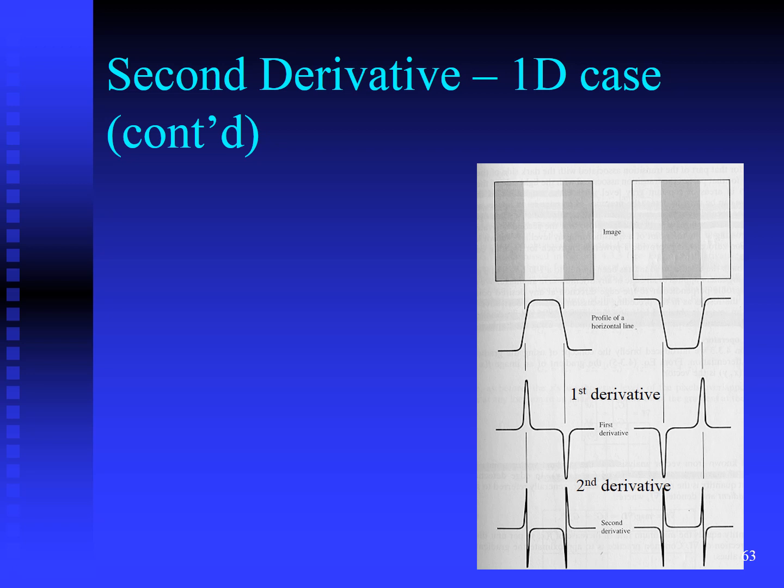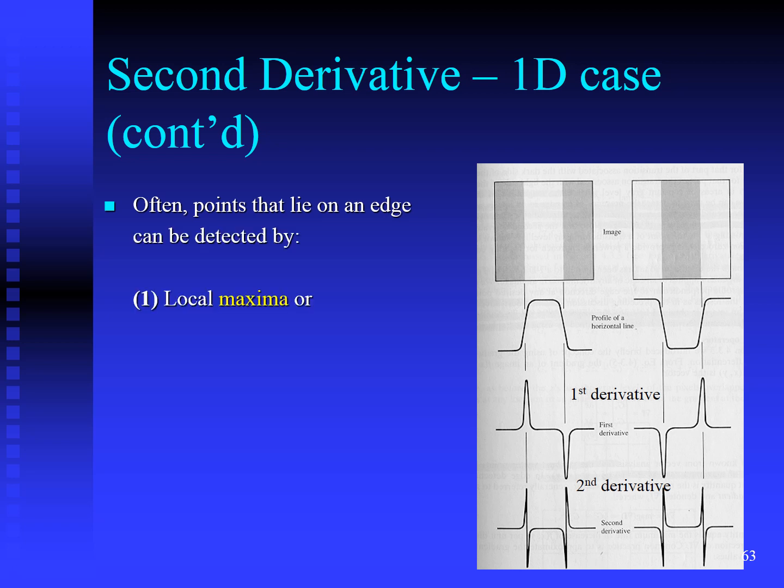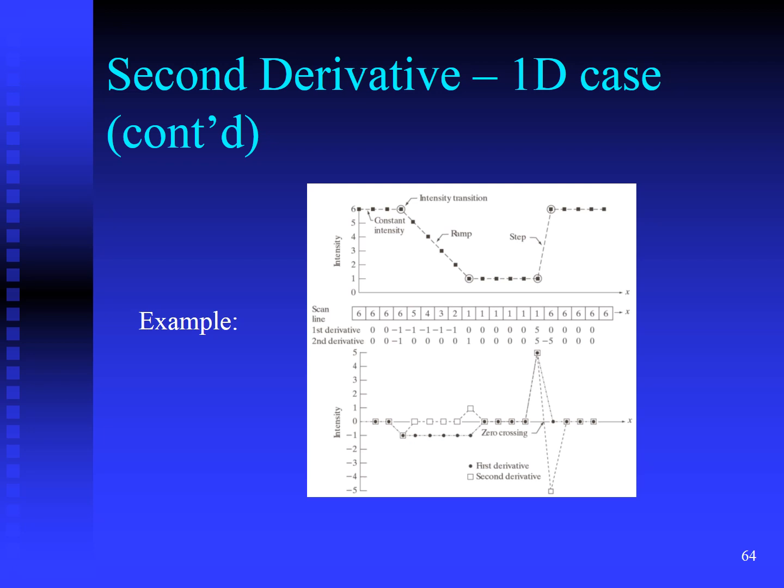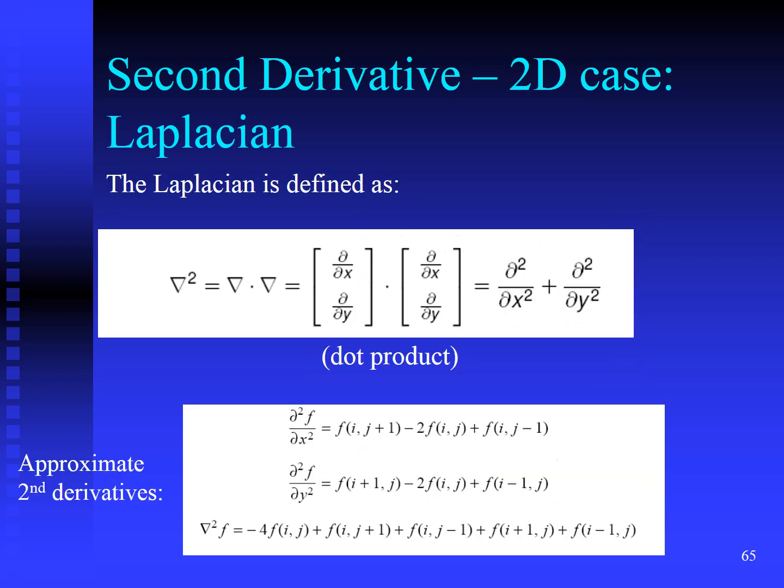So in the image, from black to white, the vertical line is the edge, a point that lies on the edge can be detected by local maxima, minima. Mathematically we know when the derivative equals 0, we call it a zero crossing of the second derivative. The second derivative changes convexity. This is an example of the calculation of second derivative.